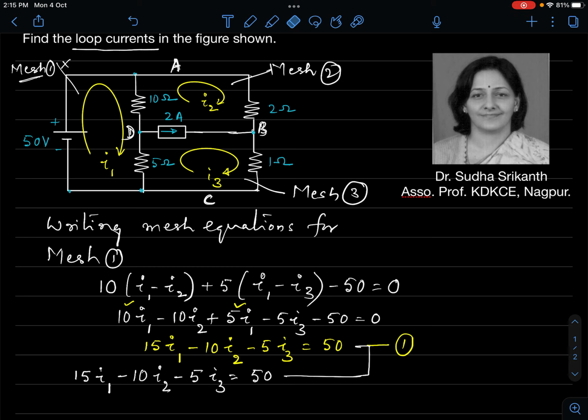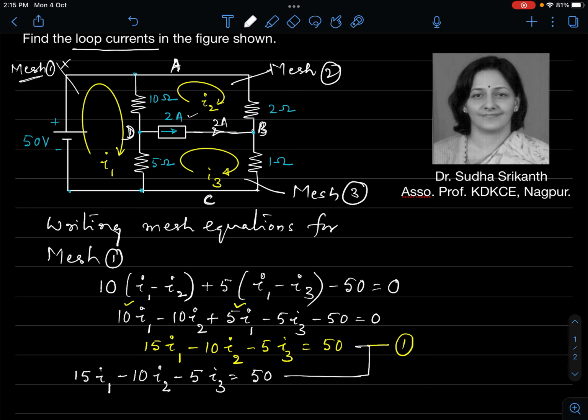Another equation can be written in terms of I3 and I2. If you look at this 2 ohm resistance, the 2 ampere current is flowing through this branch DB. This 2 ampere current has to be the difference in the currents between I3 and I2, because the mesh currents are I3 and I2.